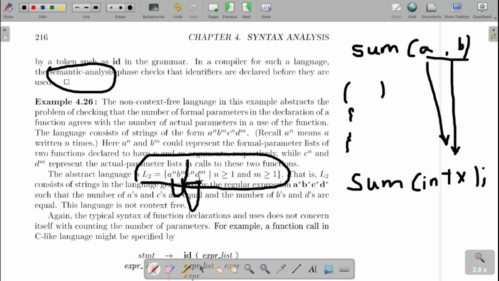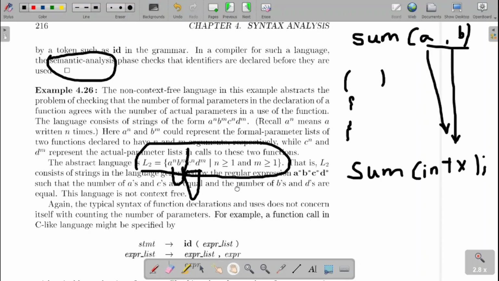We need some complex constructs to handle these cases, like matching the formal parameter with the actual parameter, and restricting that variables be declared before their usage.